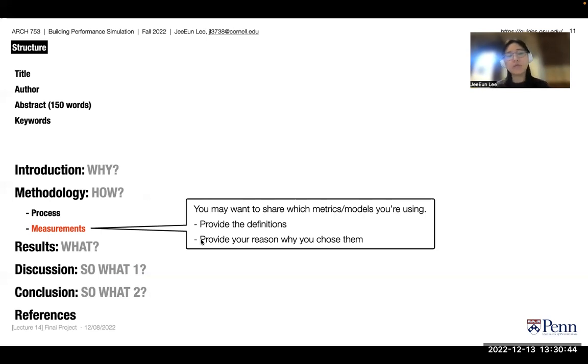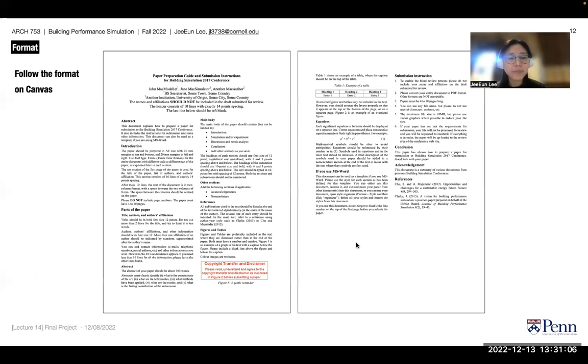Then you may want to cite Fanger's paper, but here I won't judge you on that. So you need to provide the definitions for each metric or model and provide why you chose them, why they're more appropriate than the other metrics or models.